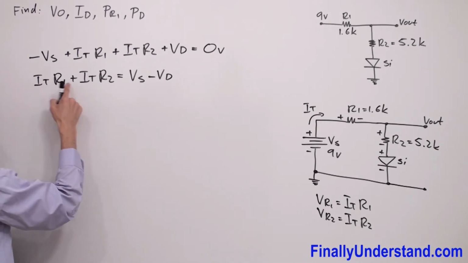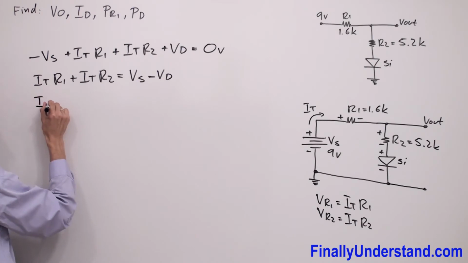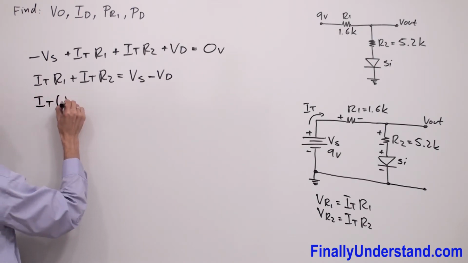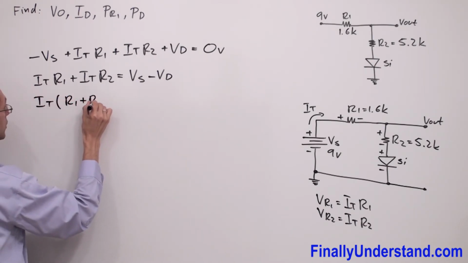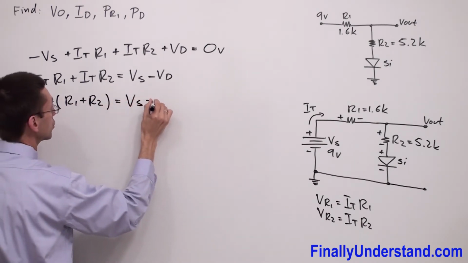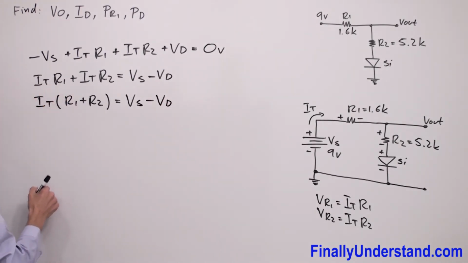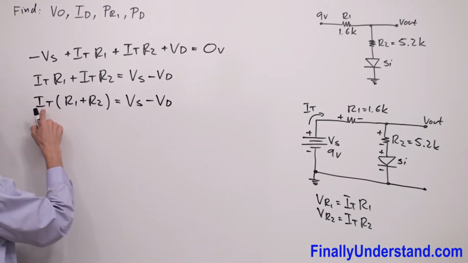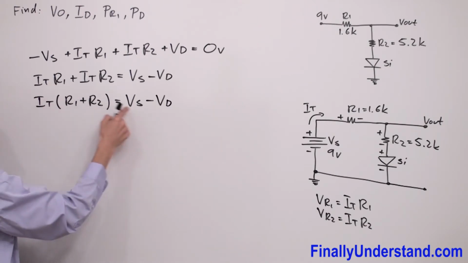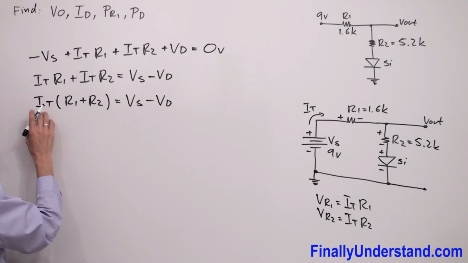Next, we're supposed to factorize I total. So I have I total, and inside of the parentheses I have R1 plus R2, which is equal voltage source minus voltage across the diode. Next, I'm supposed to divide both sides of my equation by the content of the parentheses in order to find I total.